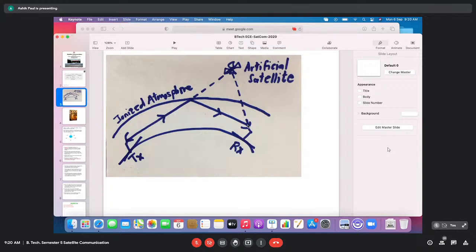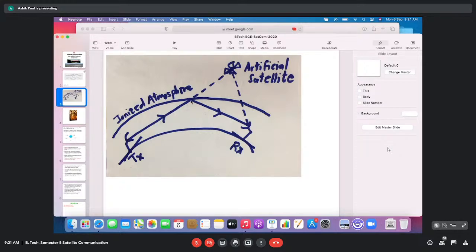Now, naturally, one very logical question that comes to mind is: if the distance between the transmitter and the receiver was smaller, that is, if they were radio visible to each other, optically they may not be visible, but visible through radio signals, then we could establish a direct radio link between the transmitter and the receiver.